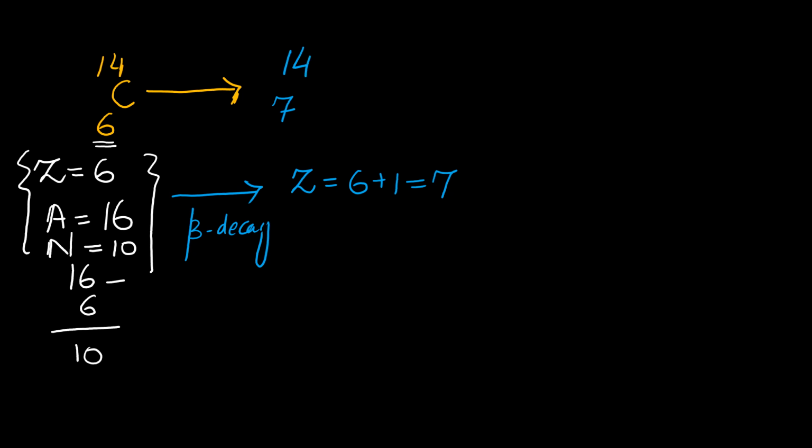Now if we check the periodic table for which element has an atomic number of 7, we can easily find that it is nitrogen. And with this, they will also release high energetic electrons or beta particles.